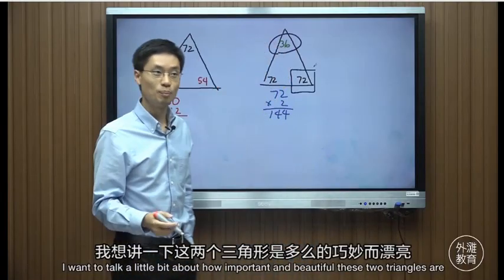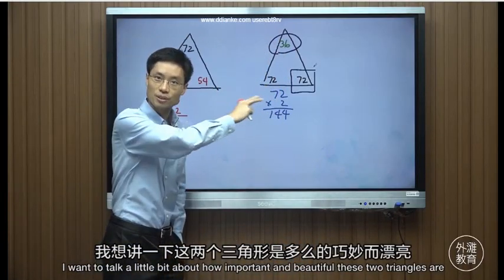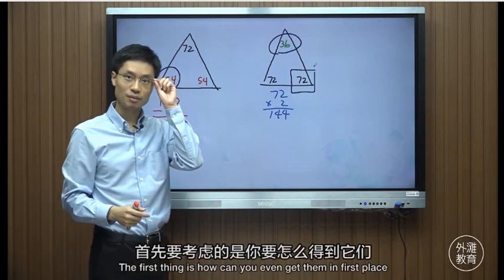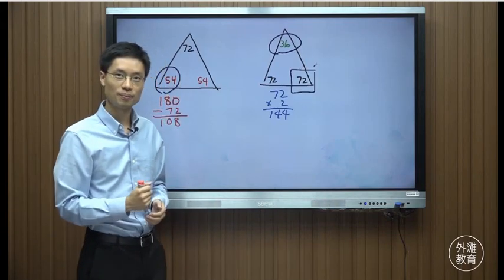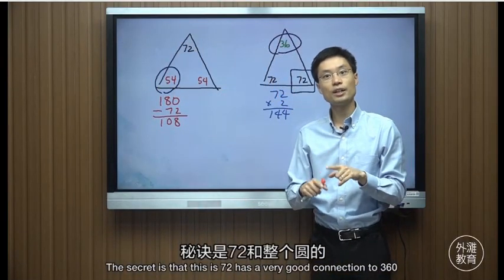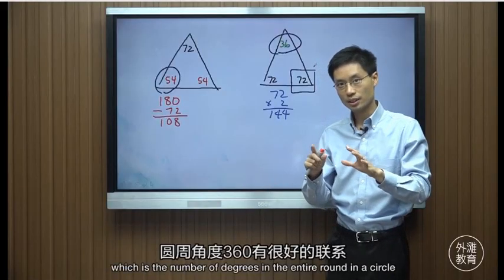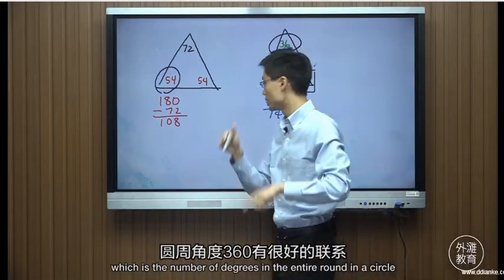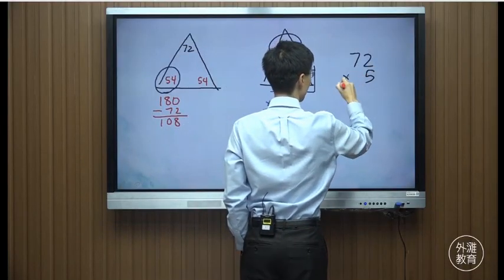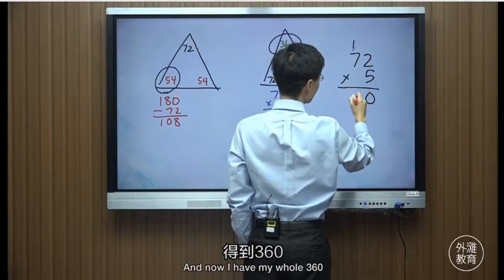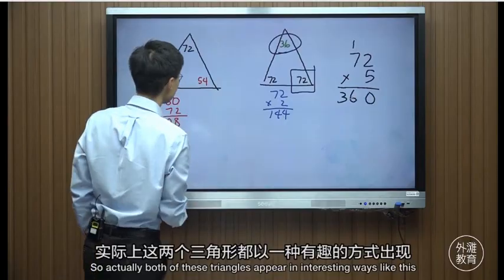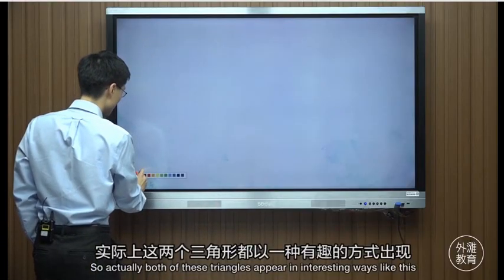I wanted to talk a little bit about how important and beautiful these two triangles are. The first thing is, how can you even get them in the first place? Where might they appear? The secret is that this 72 has a very good connection to 360, which is the number of degrees in an entire round in a circle. You see, if I take 72 times 5, 5 times 2 is 10, and now I have my whole 360. So actually, both of these triangles appear in interesting ways, like this.